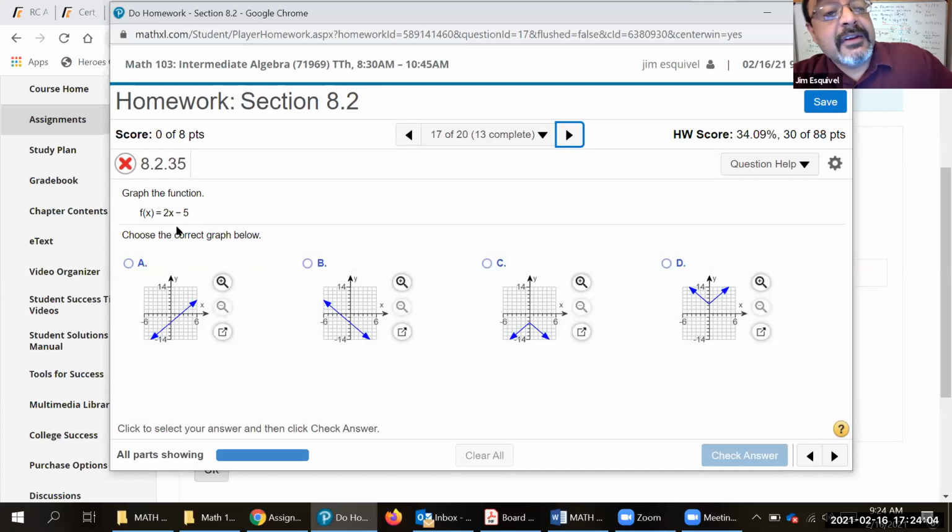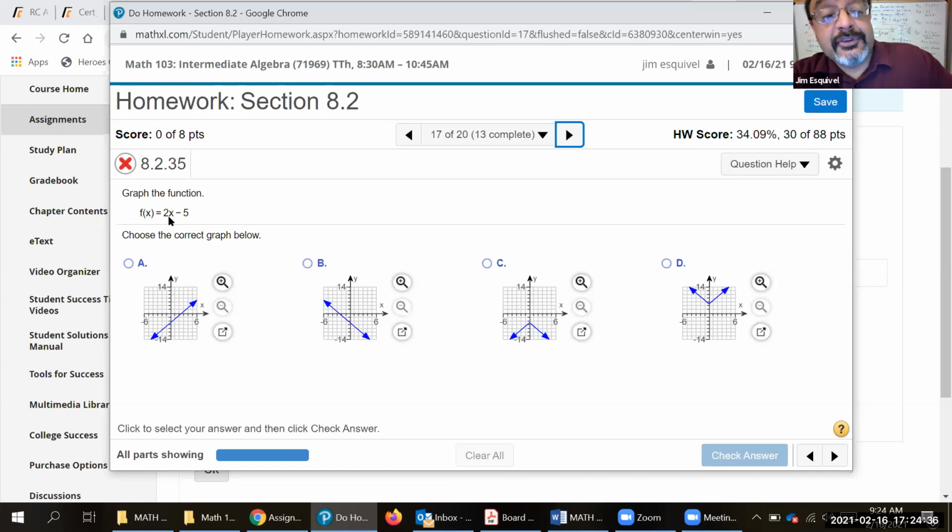But 17 is 2x minus 5. That's x to the first. This is a linear function. We've graphed this. We know the picture is going to be a straight line. Since these are multiple choice, you can automatically eliminate C and D. So now it's either A or B. Without graphing, you don't need to worry about doing the graphing. You need to recognize what the slope of this function is.